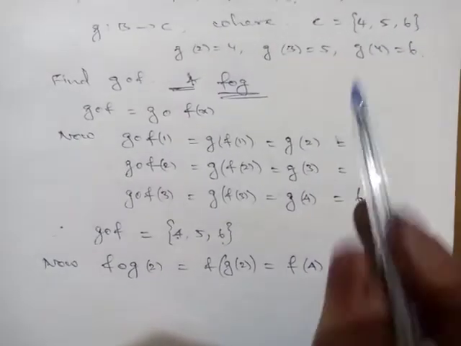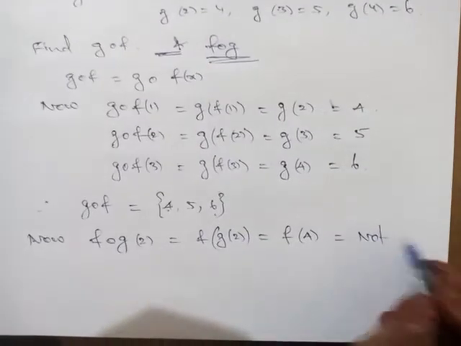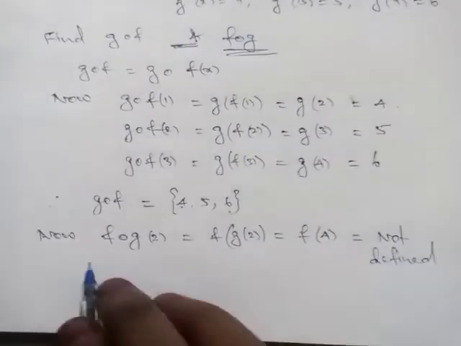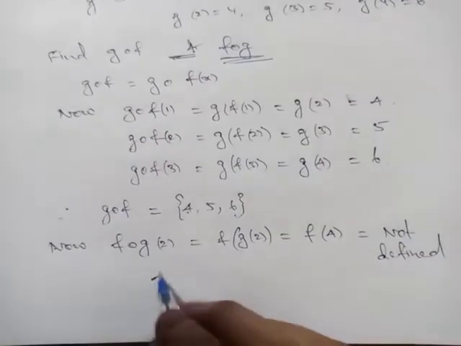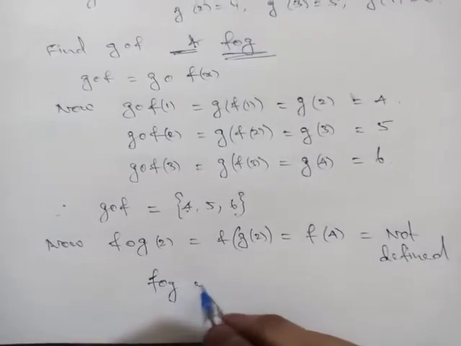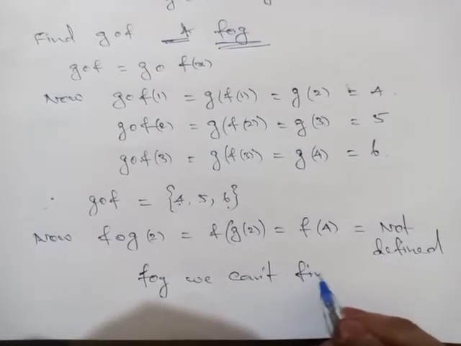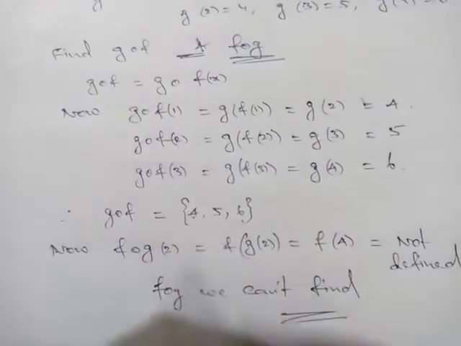There is no f of 4, so it is not defined. So we cannot find f over g. It is not defined, so we can only find g over f.